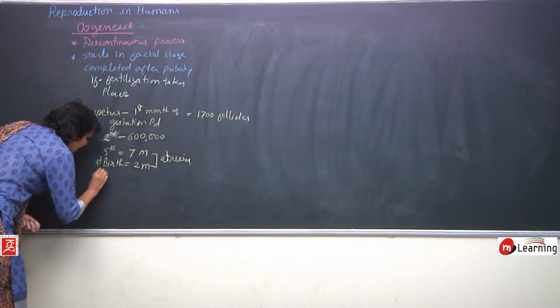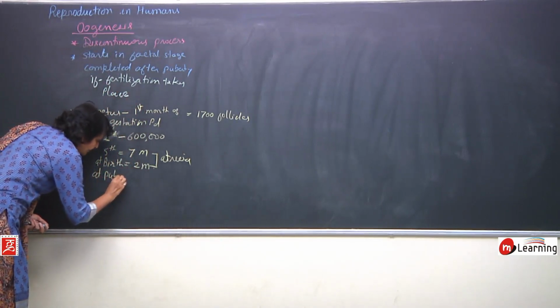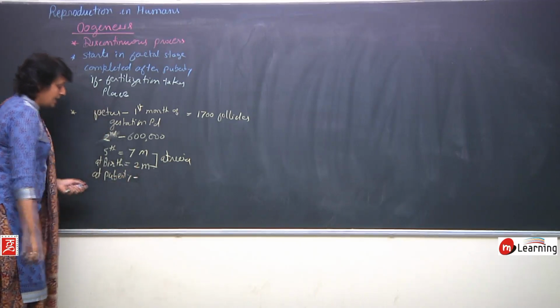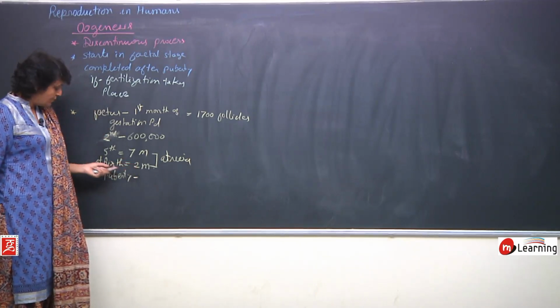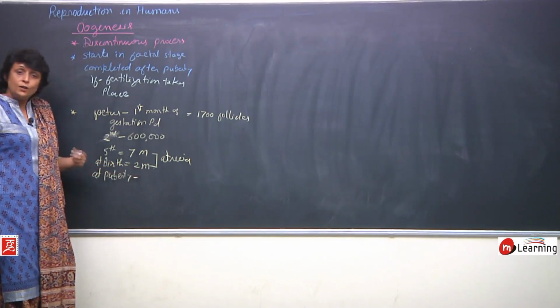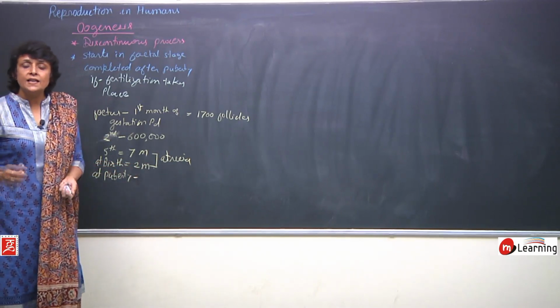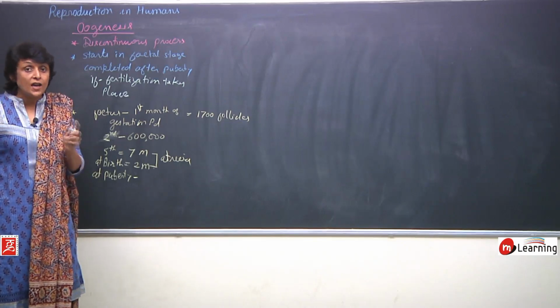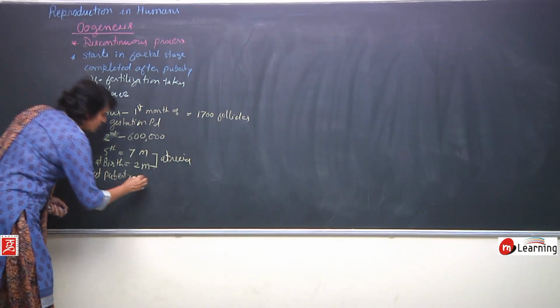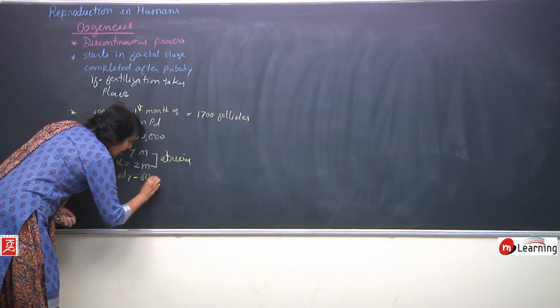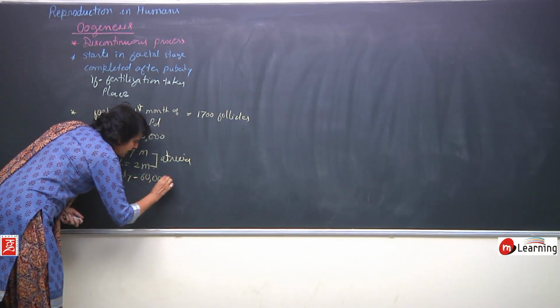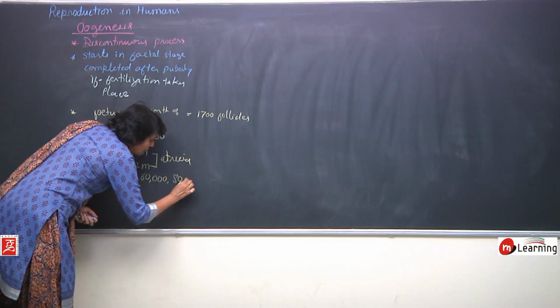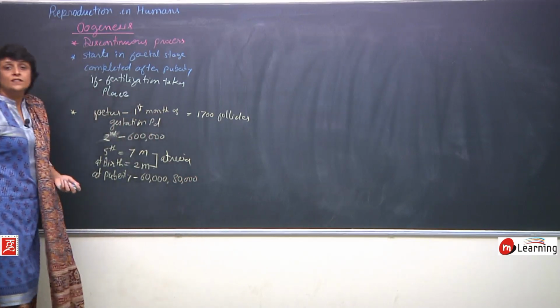Now, at puberty, the number goes further down from the 2 million at birth. That means atresia continues. At puberty, they have only 60,000 to 80,000 follicles.